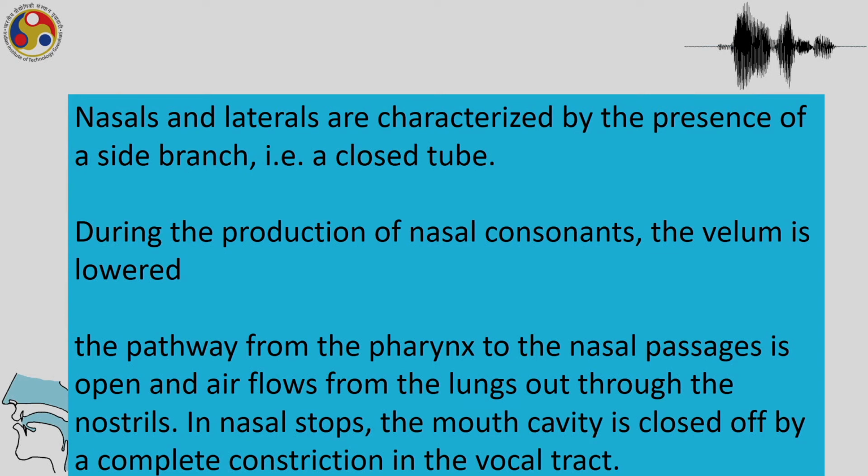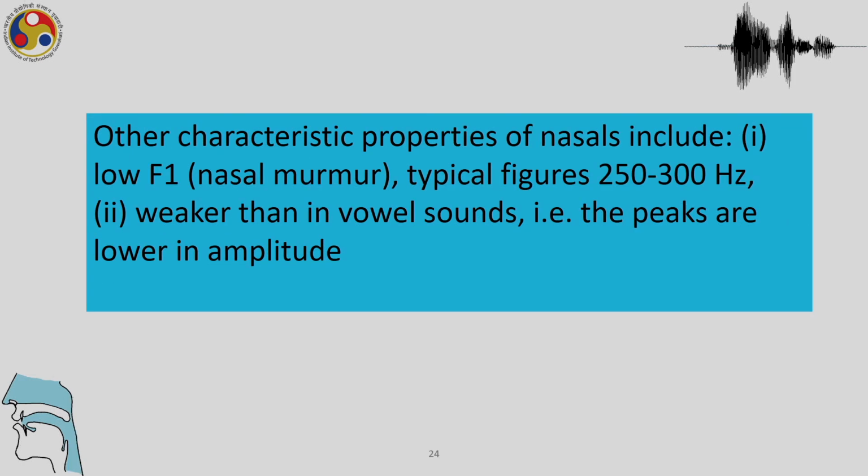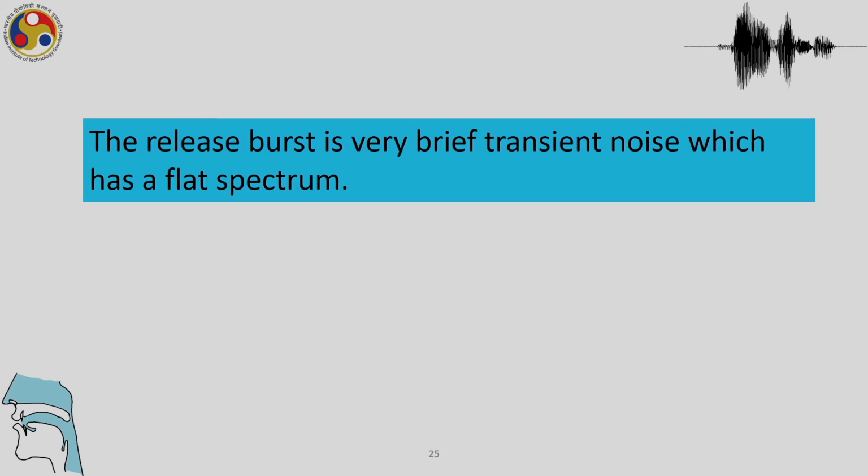During the production of nasal consonants, the velum is lowered and the pathway from the pharynx to the nasal passage is open and air flows from the lungs through the nostrils. In nasal stops, the mouth cavity is closed off by a complete constriction in the vocal tract. And also recall that we talked about low F1 for nasals, around 250 to 200 hertz, and that in vowels the peaks are lower in amplitude.